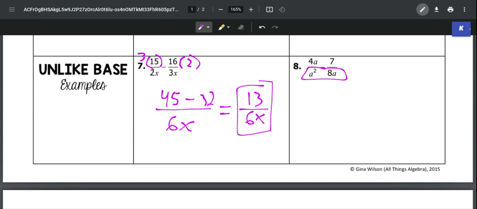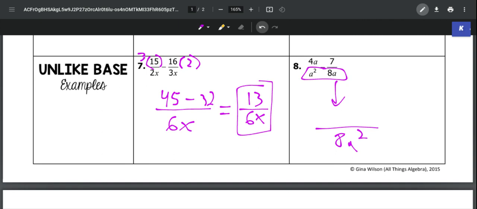On number 8, when deciding what your common denominator would be, they'll both need a variable that is a squared, since we have our larger one with a squared. And then since we have an a on the right, we would need it overall. So our common denominator here would be 8a squared.